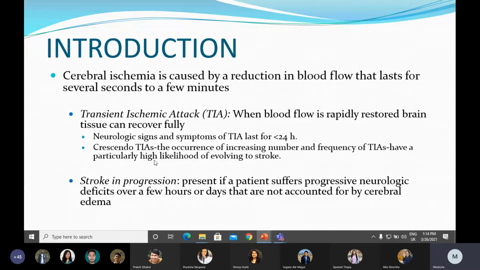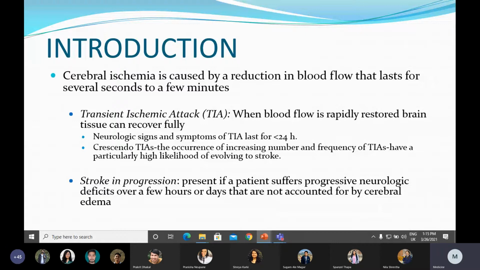Crescendo TIAs are just like unstable angina. It's just equivalent to that. So with an increasing number or increasing frequency of TIAs, we call that crescendo TIAs, and this is a bad prognostic sign also, because this will increase the chances of evolving into a complete stroke.